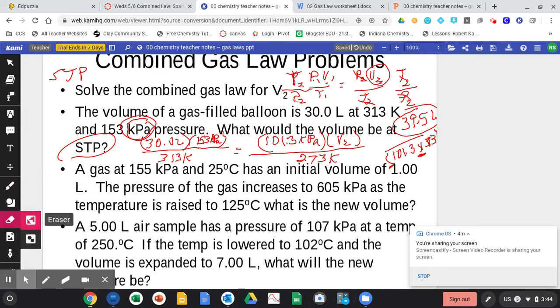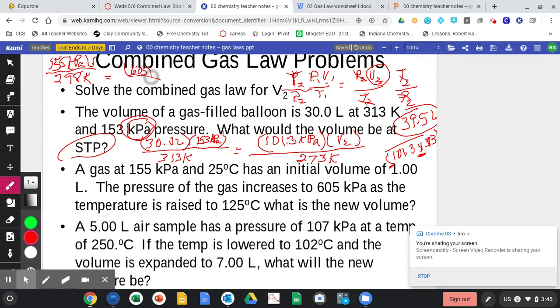Let's take a look at another problem. You have a gas at 155 kilopascals and 25 degrees Celsius, which is 298 Kelvin. I added 273 to get that. And 1 liter. I need that to equal 605 kilopascals times V2 over 125, which is going to be 398 Kelvin.